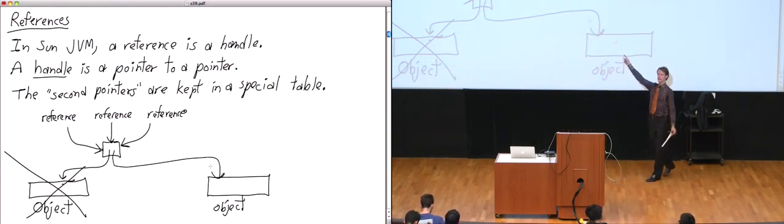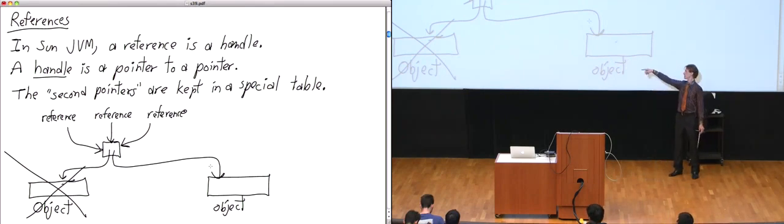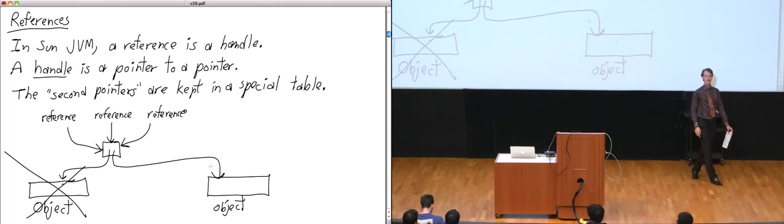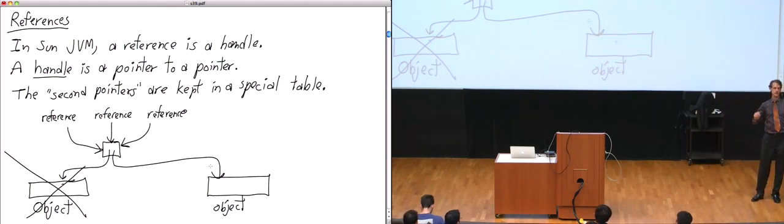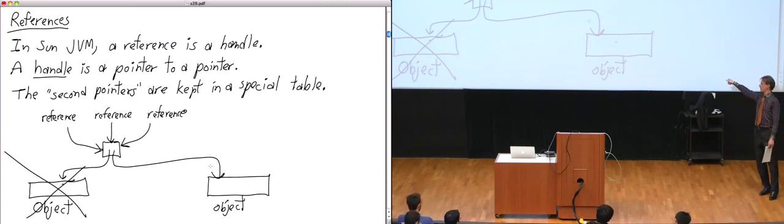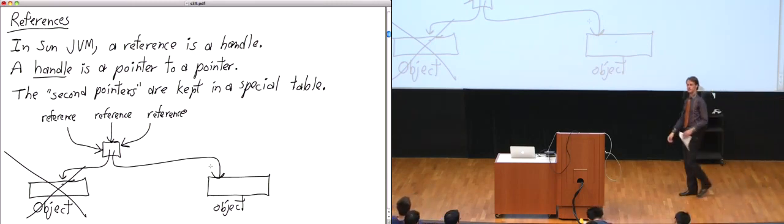And now all of those references are still referencing the same object. You didn't have to go and change the million references that point to that box. You just have to change one pointer in the box, and that lets you move the object.